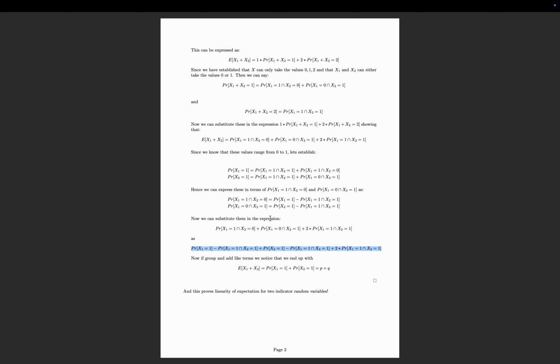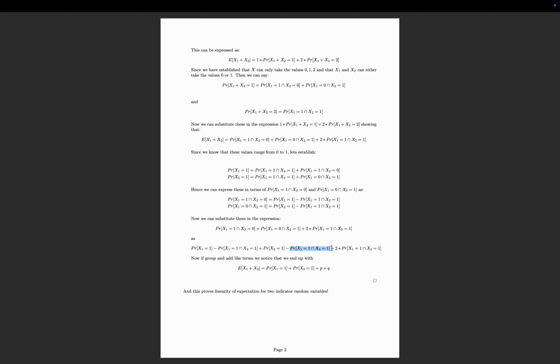Once we do this, we can notice that this simplifies. Over here we subtract twice the probability that x1 is equal to 1 and x2 is equal to 1, and then over here we add them twice again.